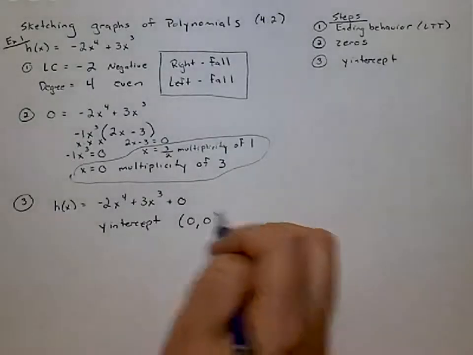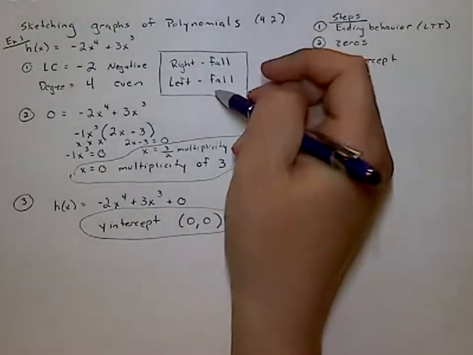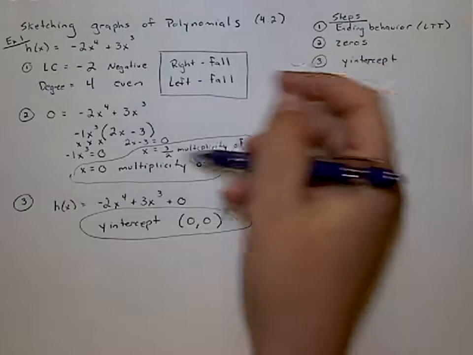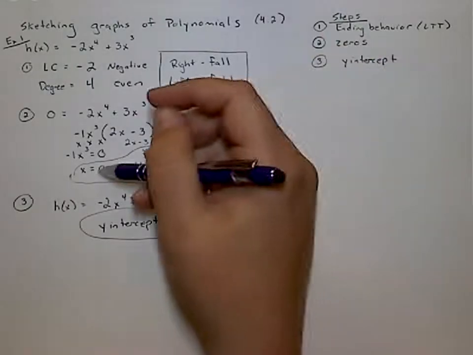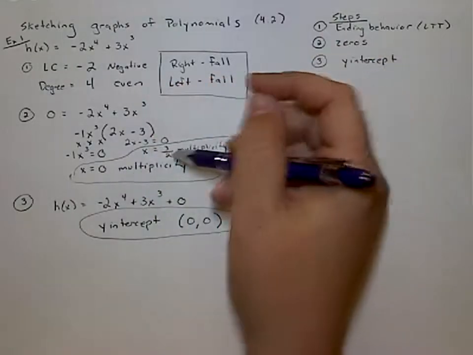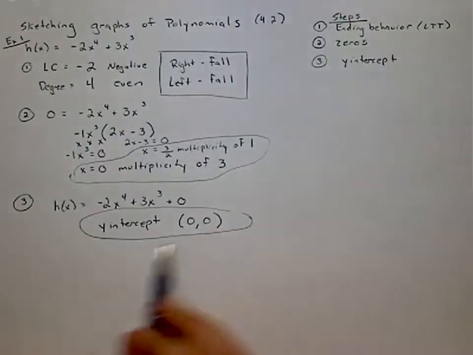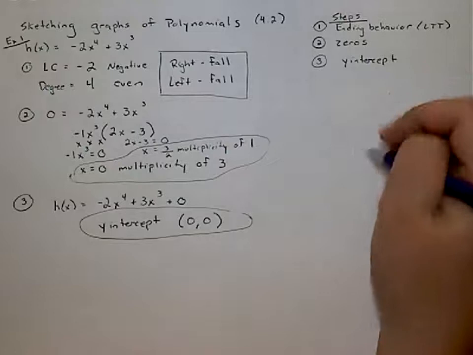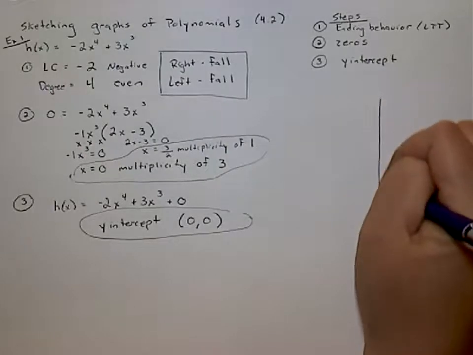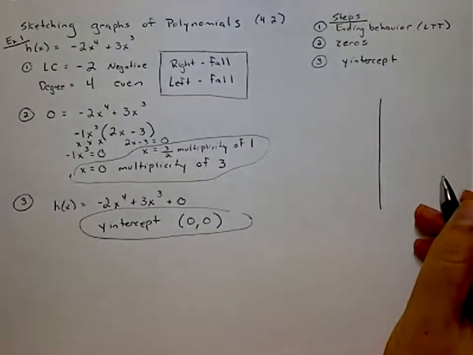All right. So we know we have the ending behavior of both falling. We're crossing at 0 and we're crossing at 3 halves or 1.5. And we're also crossing at 0, 0, which we already knew. So let's go through and sketch this graph.